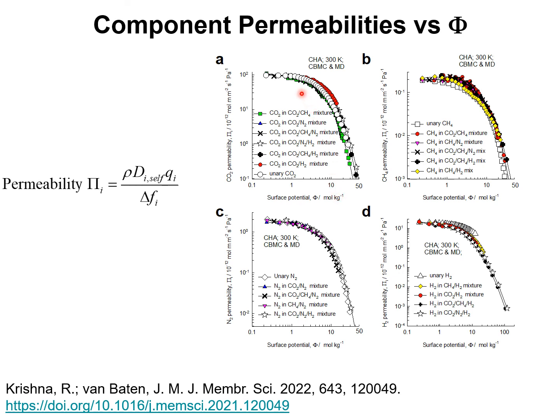This holds for CO2, methane, and nitrogen. For hydrogen, we see that the unary permeability of hydrogen is slightly higher than the values in the mixture.